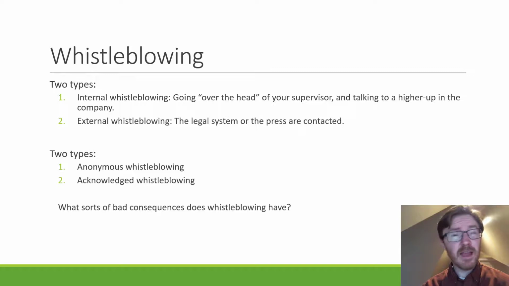Now, there are laws to protect whistleblowers, but those laws are a hodgepodge of different case law that doesn't necessarily cover every case that we would want it to cover. So if you talk about which is preferred in these two types of whistleblowing, the general consensus, and this is not just the consensus, but it seems like the moral thing to do, is to begin by internal whistleblowing if you can, then move to external whistleblowing.